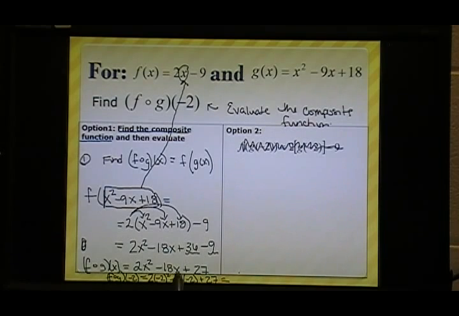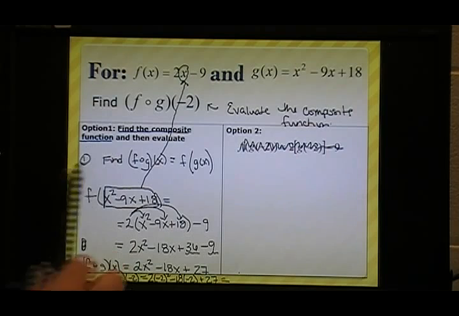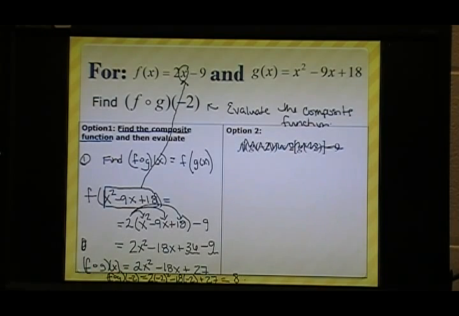Okay, just making sure you can see that. So I square my -2 first. So -2 times -2 is 4. Then I multiply by the 2. So that's 8. So we have 8 plus 36 plus 27. And that is 71. Okay?